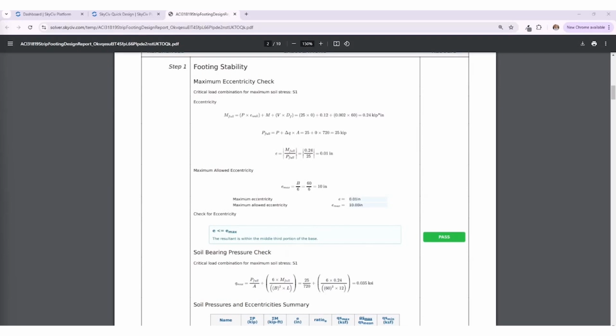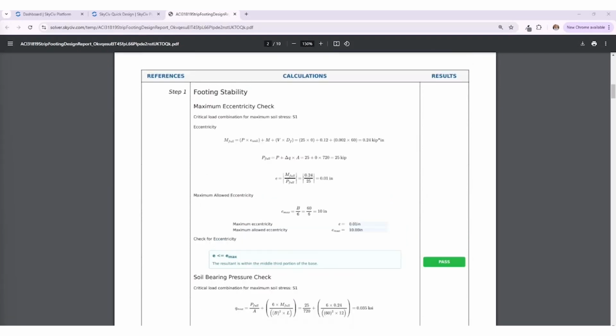Let's start with the maximum eccentricity check. The maximum eccentricity check ensures that the resultant force falls within the middle third of the footing to prevent uneven pressure distribution. The formula used is eccentricity equals the absolute value of the applied moment over the applied vertical force.